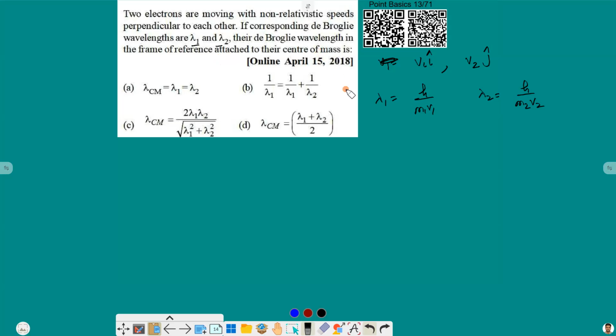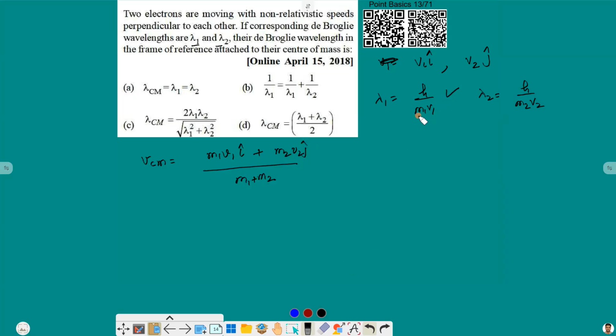So the velocity of the center of mass will be the total momentum, m1 v1 i plus m2 v2 j, divided by m1 plus m2.